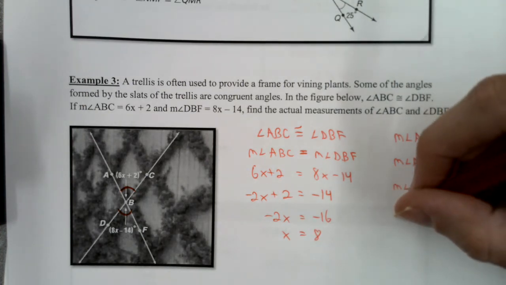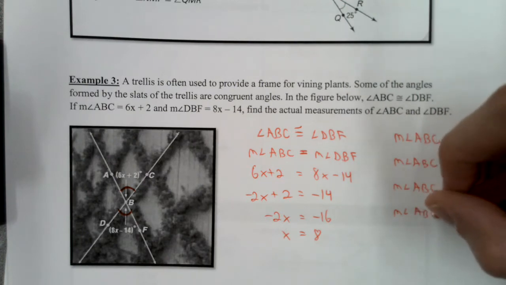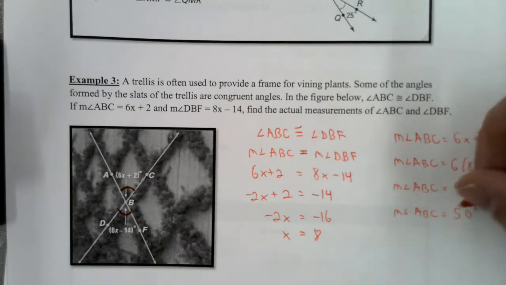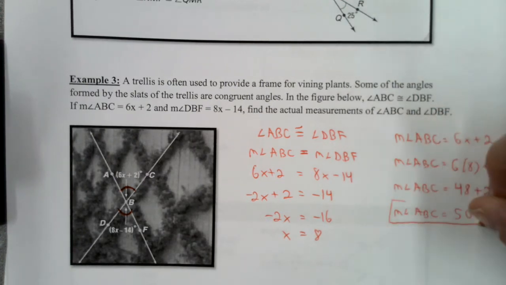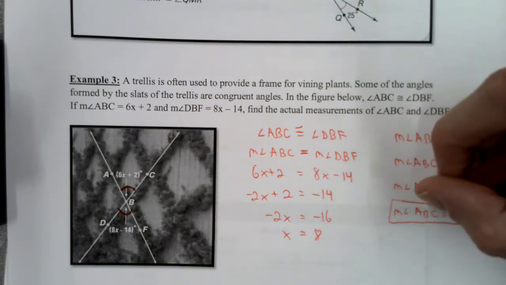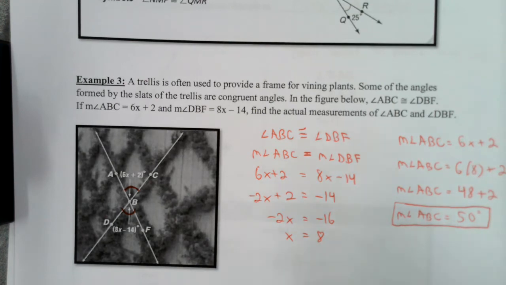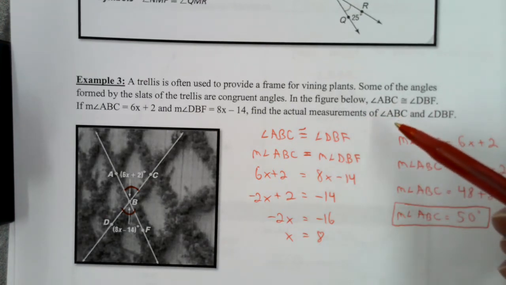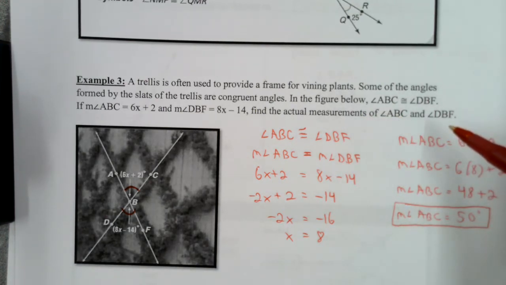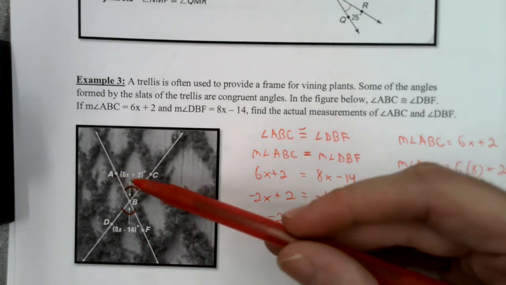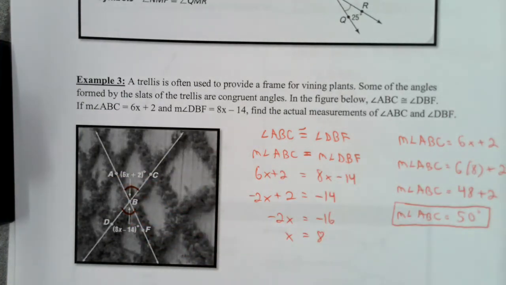The measure of angle ABC equals 50. Again, look how I'm writing it. The notation matters. Measure of angle ABC equals 50 degrees, just like we did in example 2. So the question said find the measurement of angle ABC and find the measurement of angle DBF. You should know they should be the same because you're told that. So you should know that the measure of angle DBF equals 50.